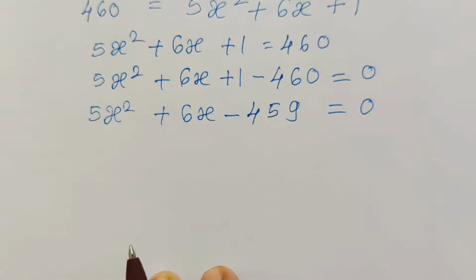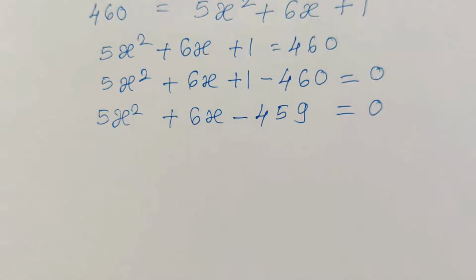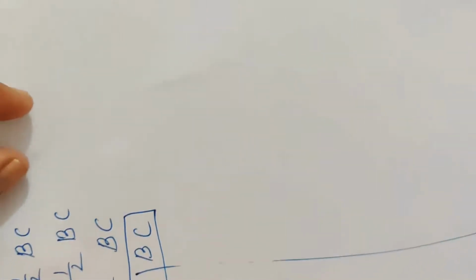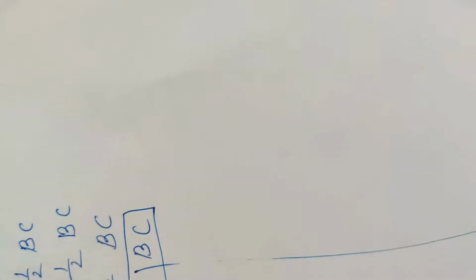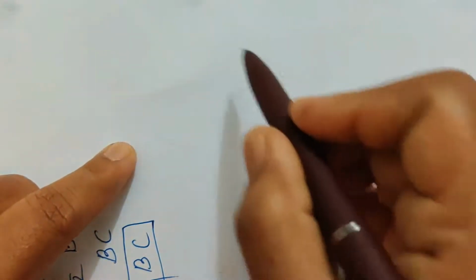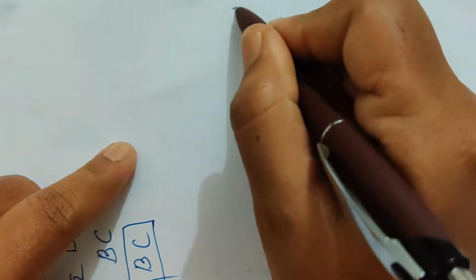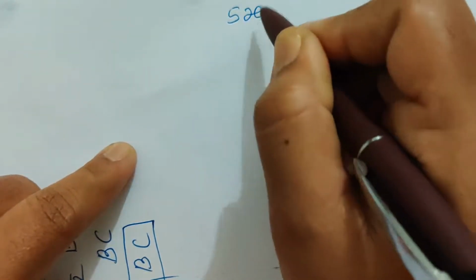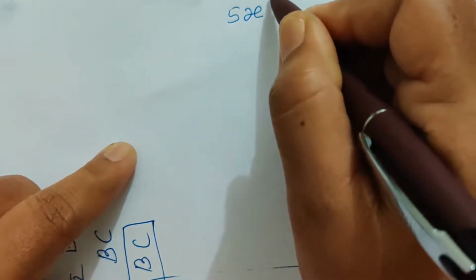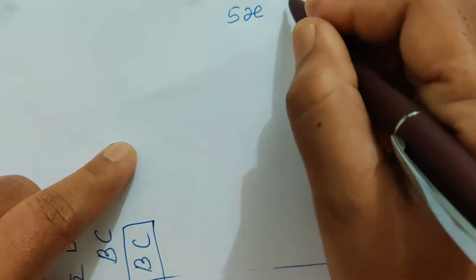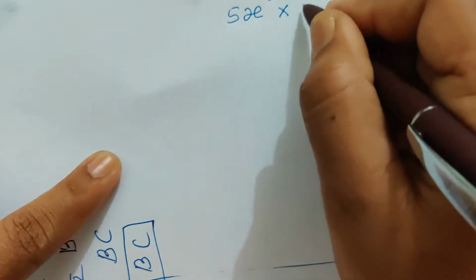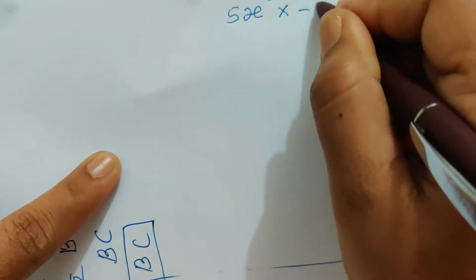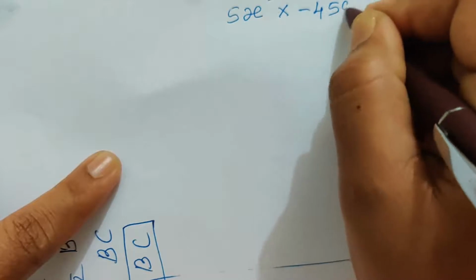Now I will show you the rough calculation of how it is. Instead of taking the whole product, we will solve it in a short way. See, we want the product of 5x square multiplied by minus 459.